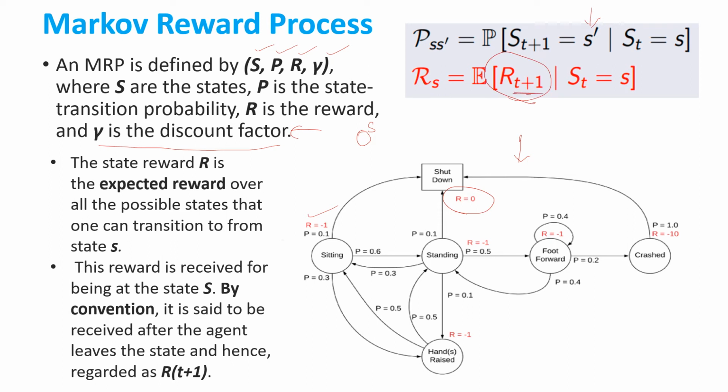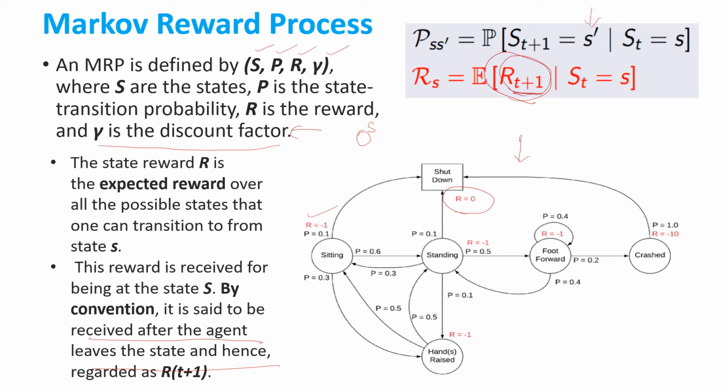The reason we have it as t plus 1 is that this reward, R equal to minus 1, is what an agent gets when it leaves this state to any other state. The agent receives this reward when it leaves the state, so it is taken at time step t plus 1.